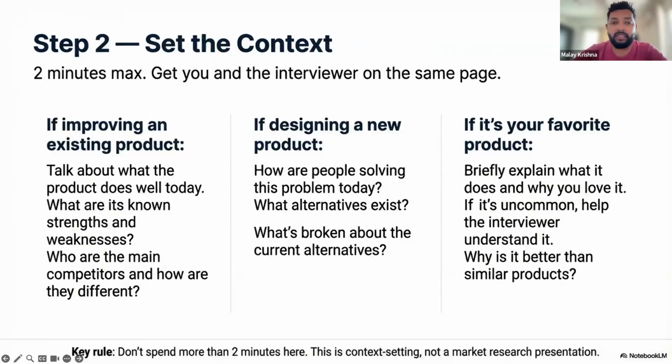Next is to set context, and this is again a quick one, 2 minutes max. The purpose of this step is to get the interviewer on the same page about the current landscape before you start solutionizing. If you're improving an existing product, talk about what the product does well today, what its weaknesses are, who the main competitors are, and so on.